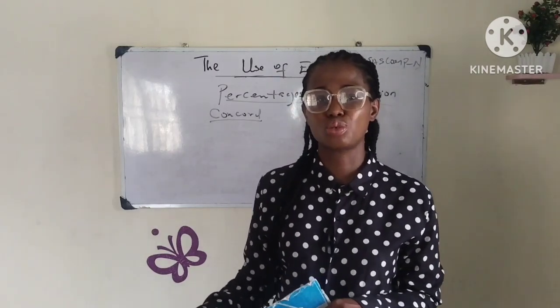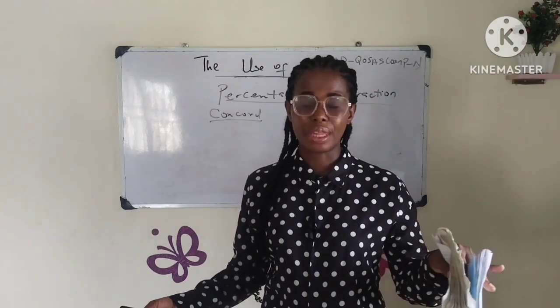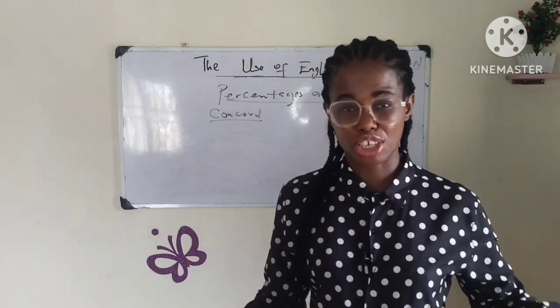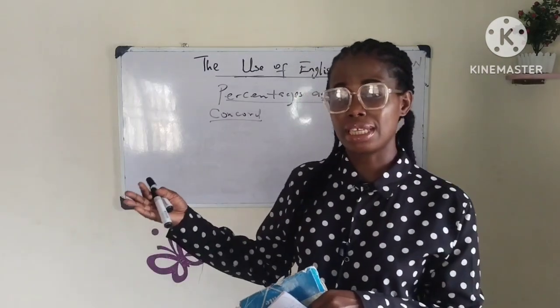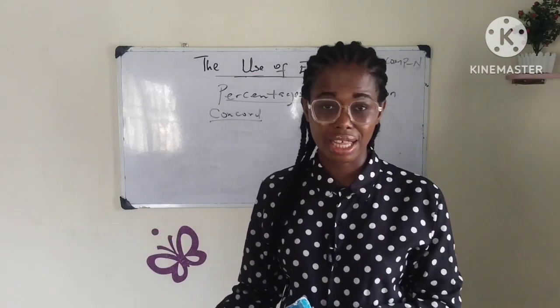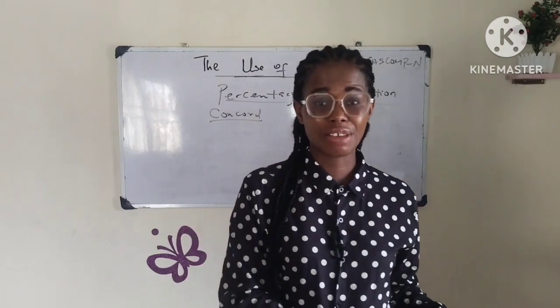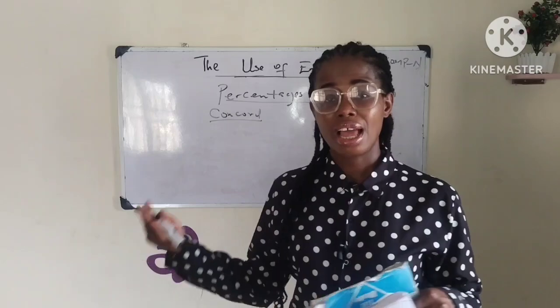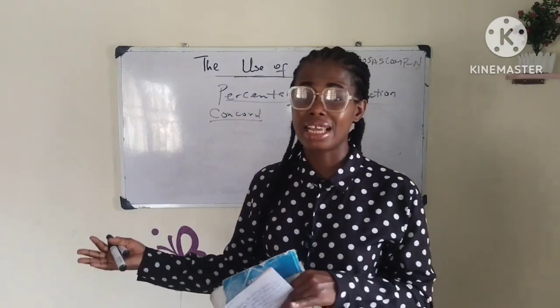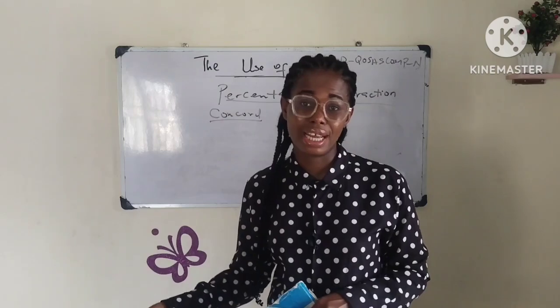So your attention should be on the noun class that is after the fraction half. Because the noun class is singular, the verb in the sentence should also be singular. Half of the class is absent. Class is singular, so is singular as well.